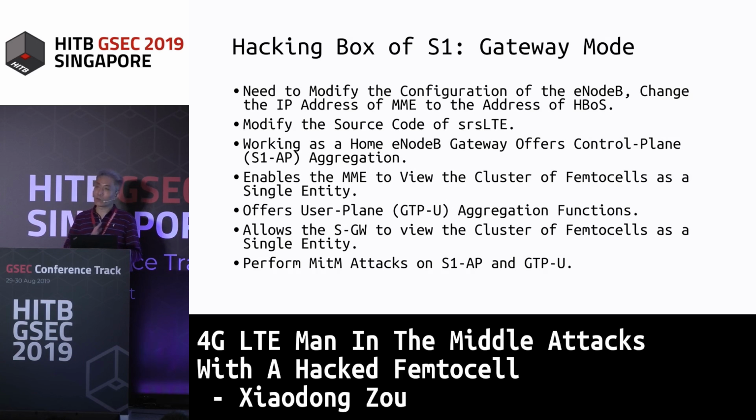There are two modes of the hacking box. One is gateway mode, and the other is transparent mode. In gateway mode, you need to be able to modify the configuration of the eNodeB to change the IP address of the MME to the IP address of the hacking box.